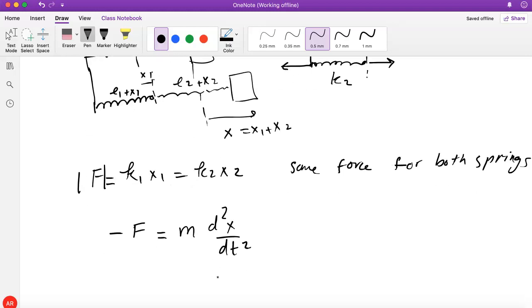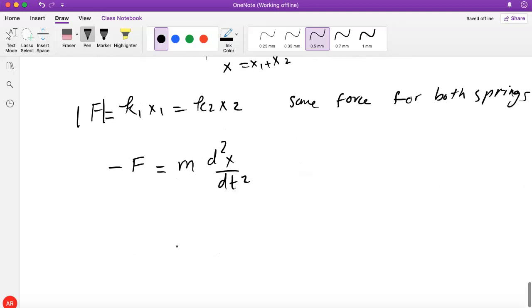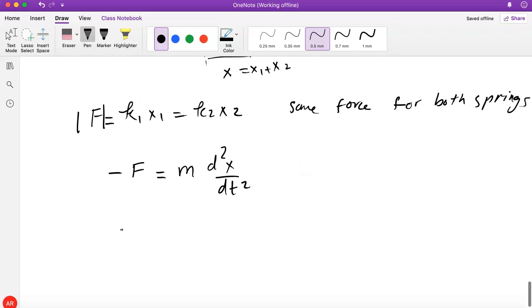Now I want to relate this F to x. So what are my equations? Well, I have k1 x1 is equal to k2 x2, and I have x1 plus x2 is equal to x.